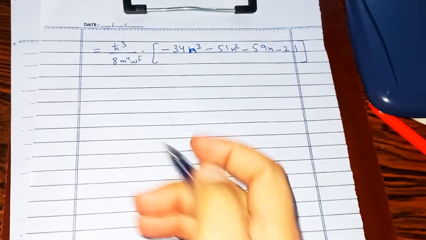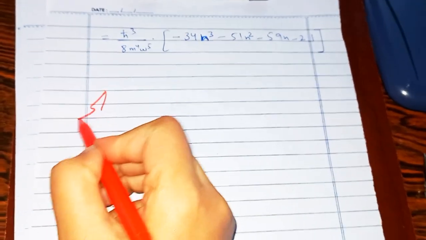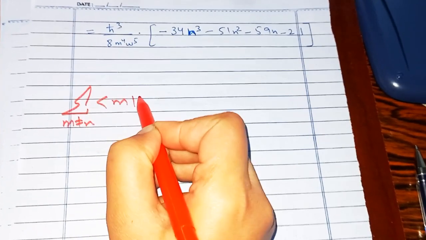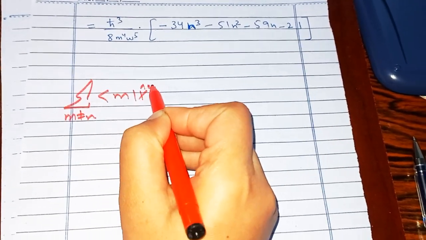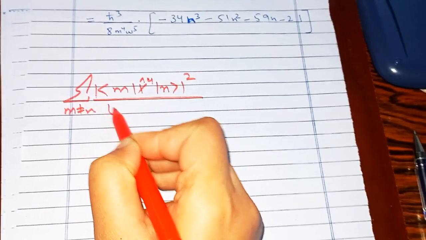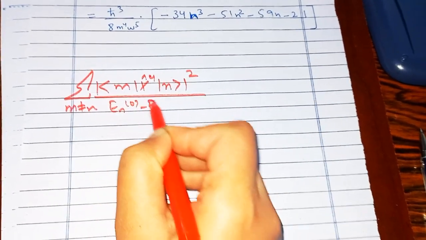Yes, that is the final form, and this is the result that we got for this term, which is the sum over m not equal to n of the whole square divided by E_n⁰ minus E_m⁰.